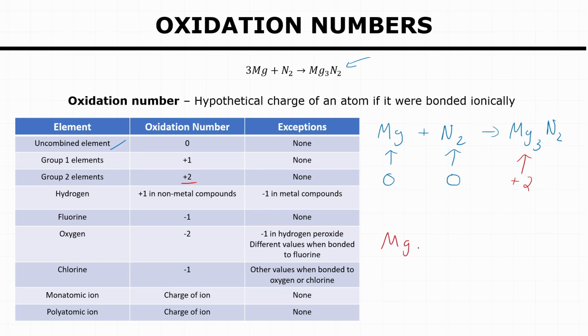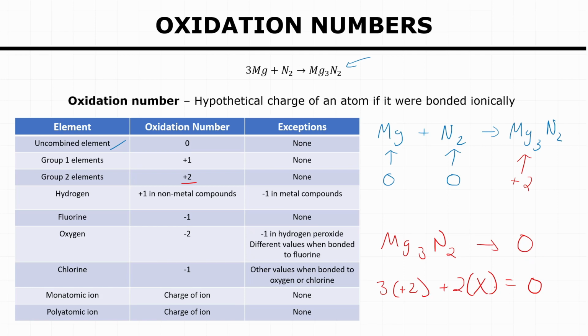So Mg3N2, magnesium nitride, has an overall charge of 0. We know that each of the magnesium atoms has a charge of +2, so 3 times +2 plus 2 times whatever the charge of the nitrogen is has to equal 0. The sum of all the charges must equal 0.